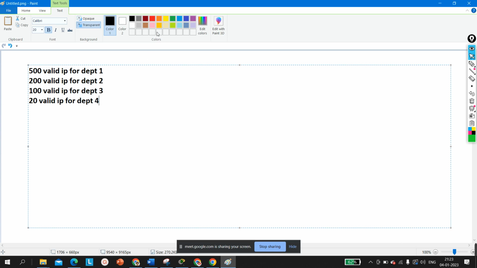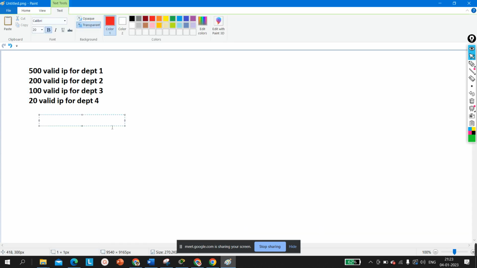First question is, tell me from which class will you use the network? Can you design this network from an IP address of class C? No, because from class C, the maximum valid IP addresses that you can get is 254 if there is only a single network. You will need class A here. Not class A, I think class B will be perfect.